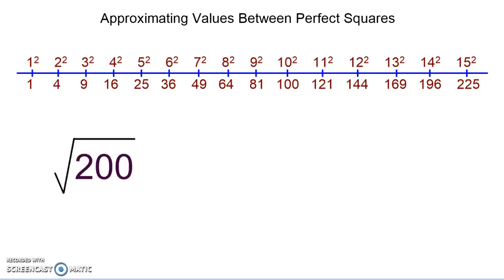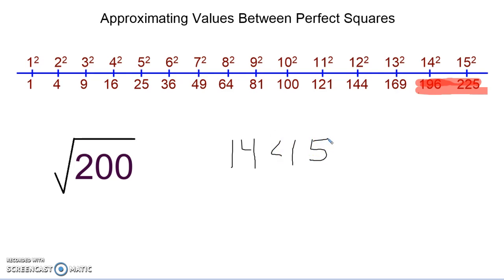Next example here, we have approximate the value of the square root of 200. Again, 200 is not a perfect square, so we're going to find the two perfect squares it falls between. It falls between 196 and 225. Is it closer to 196 or closer to 225? It is closer to 196, and because 200 falls between 196 and 225, we know its square root is going to fall somewhere between 14 and 15.